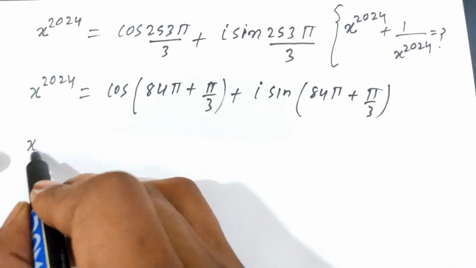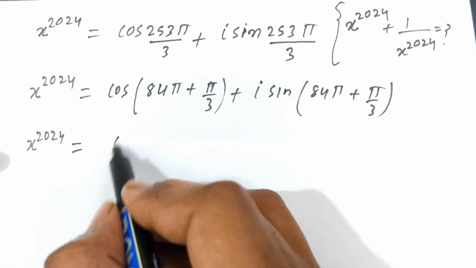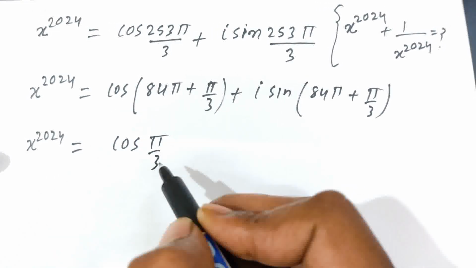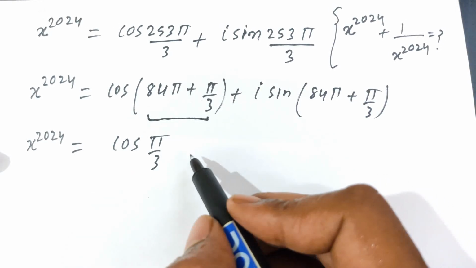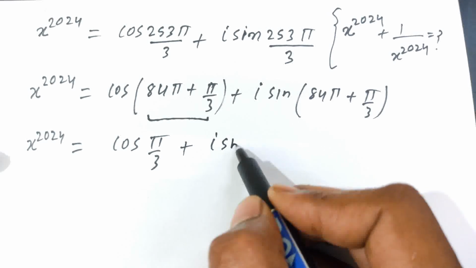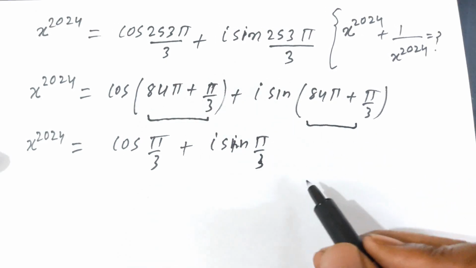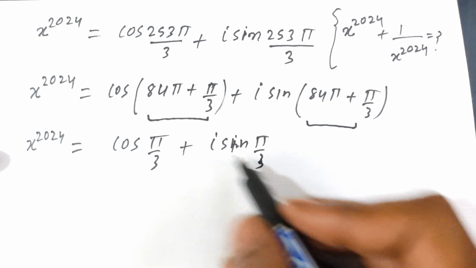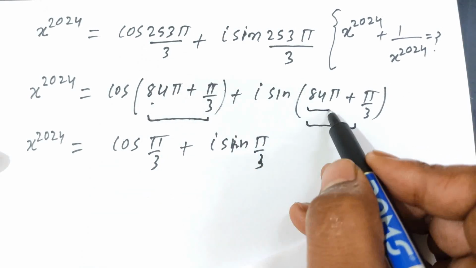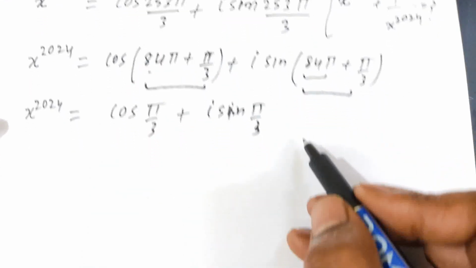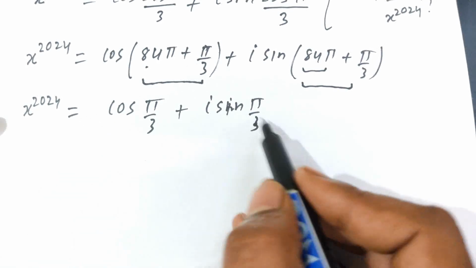Then x power 2024 is the same as cos pi by 3, because this angle is in the first quadrant, and iota sine pi by 3, and this angle is also in the first quadrant, because 84 times pi is a multiple of 2n pi. So here x power 2024 is equal to cos pi by 3 plus iota sine pi by 3.